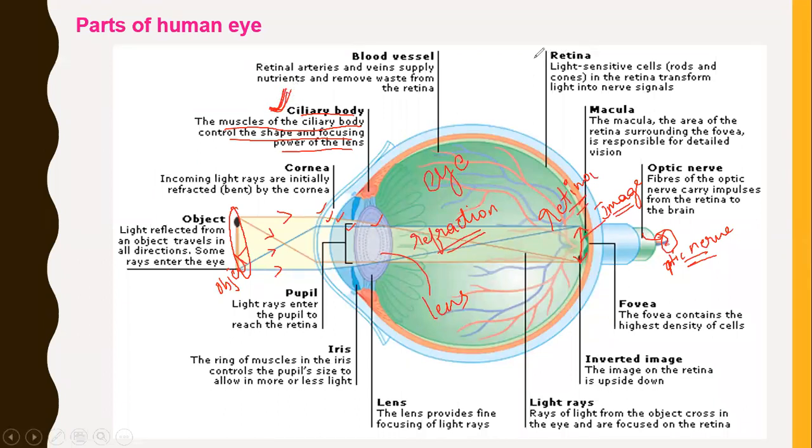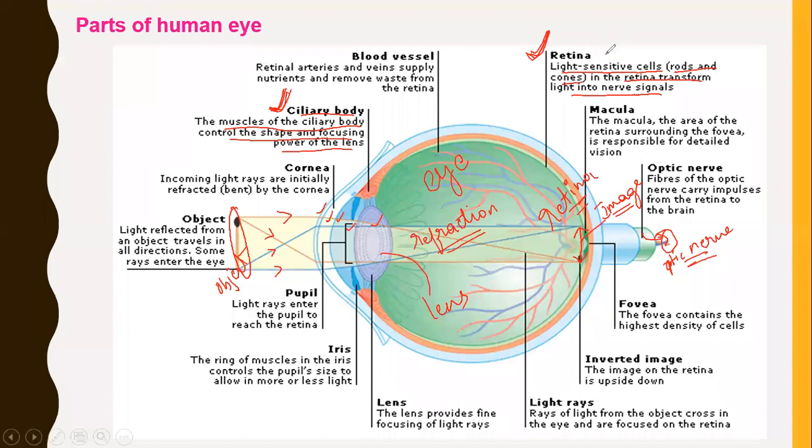And the next important thing is the retina. The retina has light sensitive cells, rods and cones, and these transform light into electrical pulses, and these electrical pulses are carried to the brain.